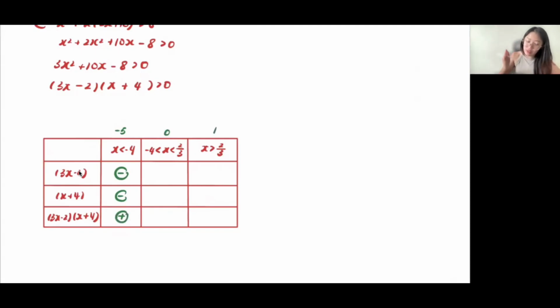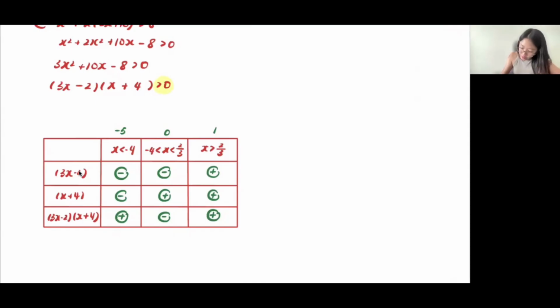Then do the same thing for the next column and third column. 0 minus 2, negative. 0 plus 4, positive. Multiply up, this is negative. Then 1 times 3, 3 minus 2 is still positive. 5 positive, multiply together, also positive. Then look at the latest inequality. This is greater than 0. Look at the factorization part.